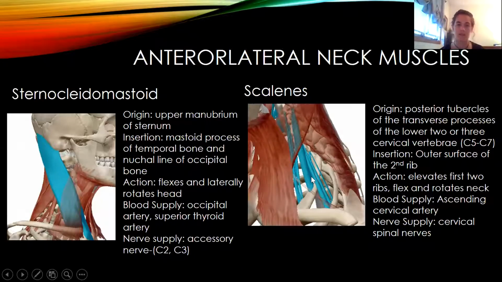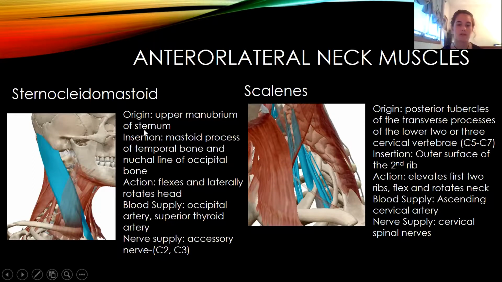All right, and then we have the anterolateral muscles, and these are responsible for rotating the head to each side. First we have the sternocleidomastoid. The origin of this is the upper manubrium of the sternum.